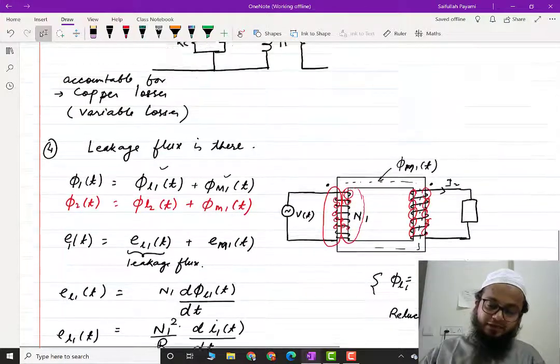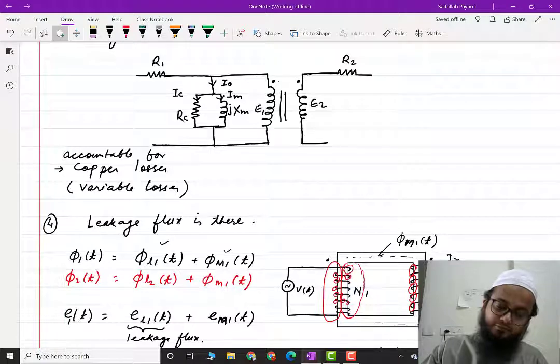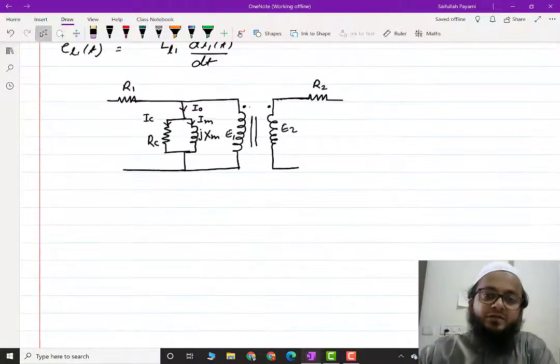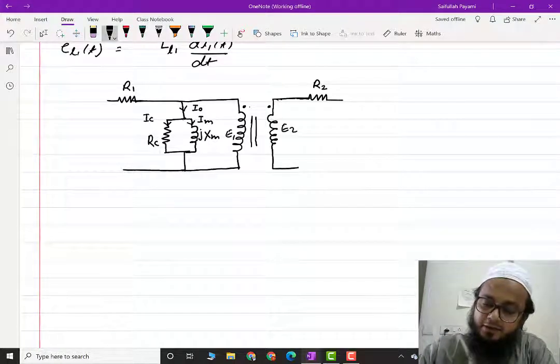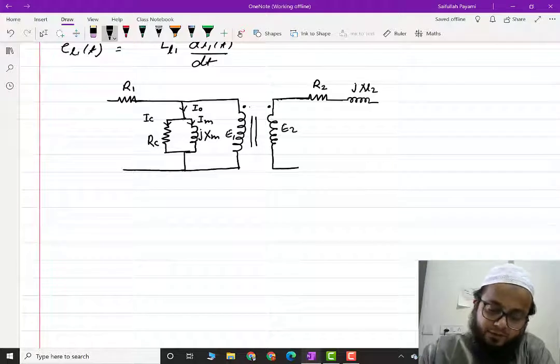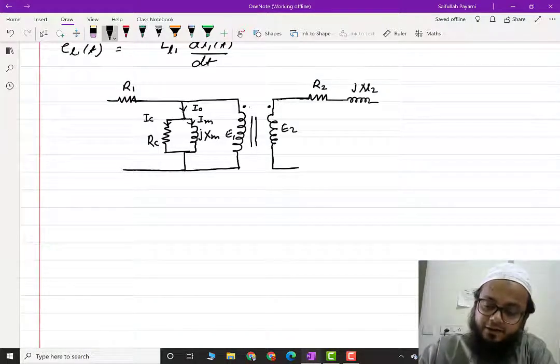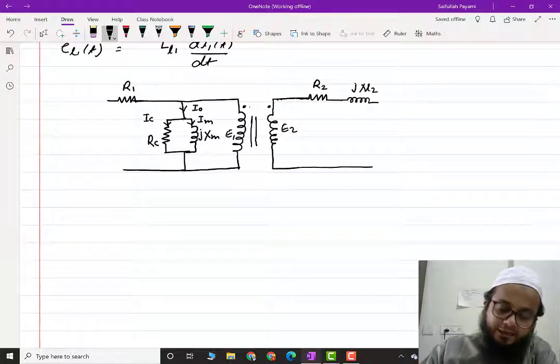So this equivalent circuit diagram would be further modified by a leakage inductor jXL2, in terms of reactance, for the secondary winding. Though I have shown it for the primary, similarly you can find it for the secondary as well.